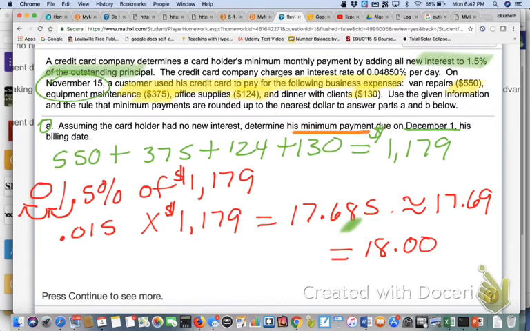So our answer to question A is that, assuming he didn't have anything on his card up until this point, they're going to ask him to pay back 1.5% of what he borrowed, which is $18 as the minimum payment.